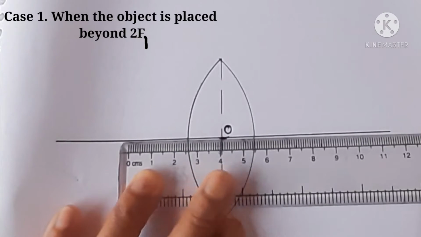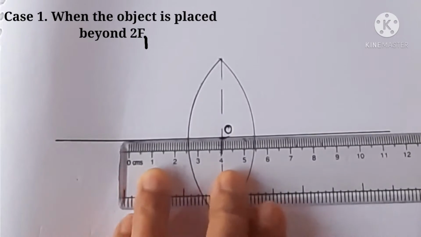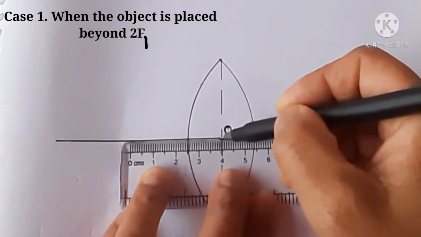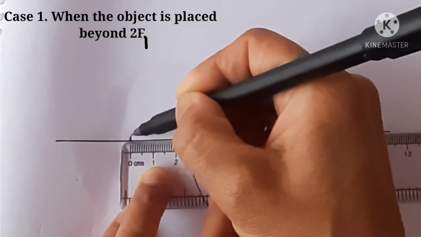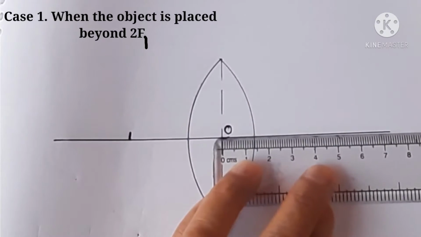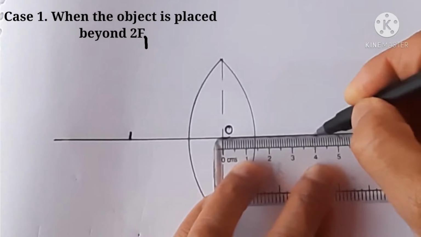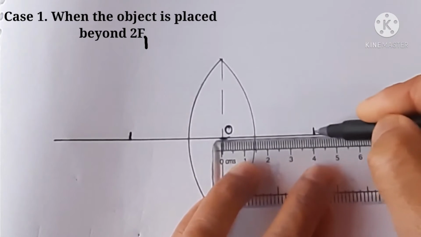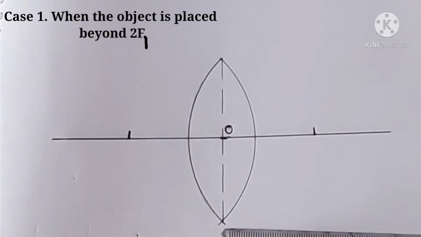You have to decide how much you want to take the radius of curvature. I'm taking 4 centimeters. So O to C1, I'm measuring 4 centimeters. Also O to C2, 4 centimeters. This gives you the radius of curvature.